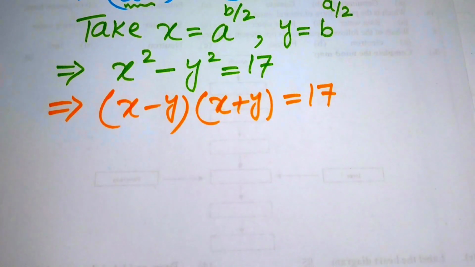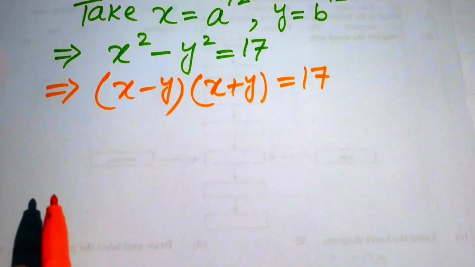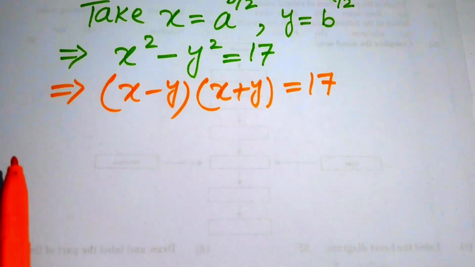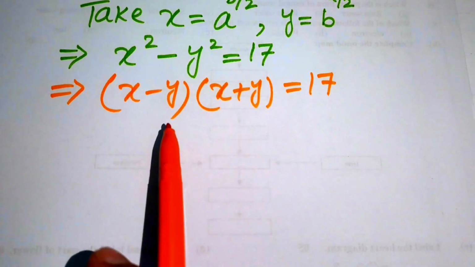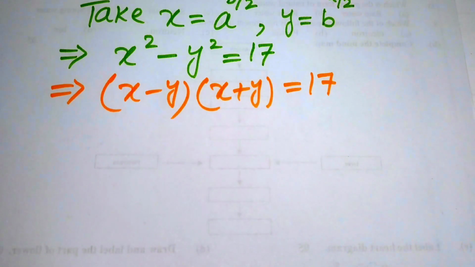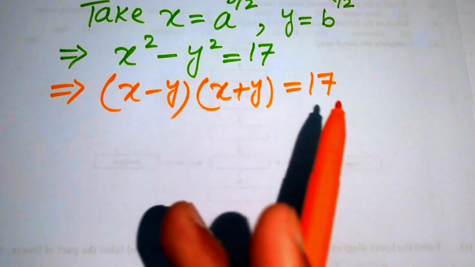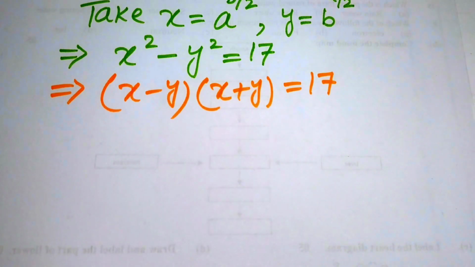Here you focus on the left hand side and the right hand side. On the left hand side we have two factors multiplied by each other, but on the right hand side we have only one factor. So we need to make two factors on the right hand side.